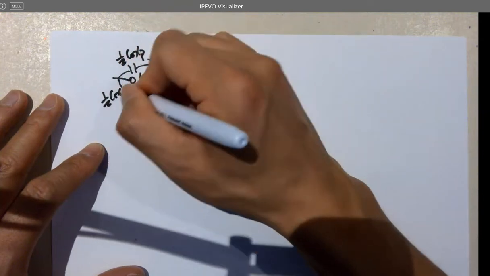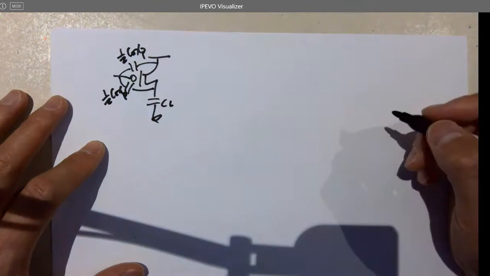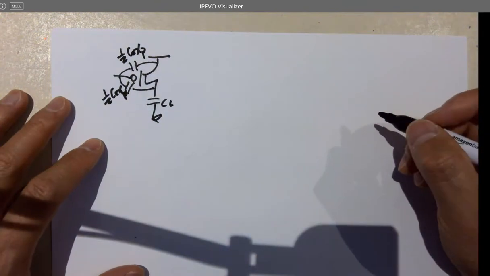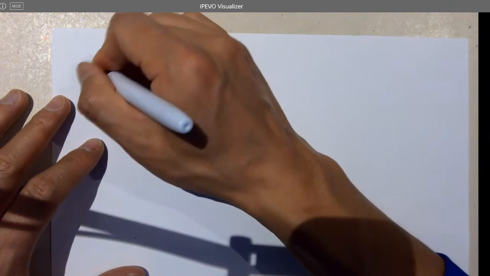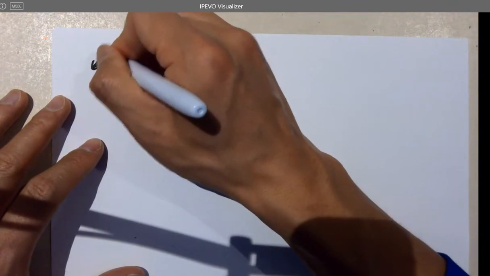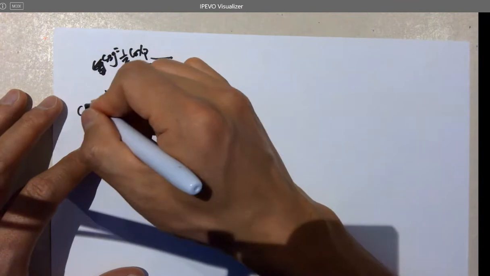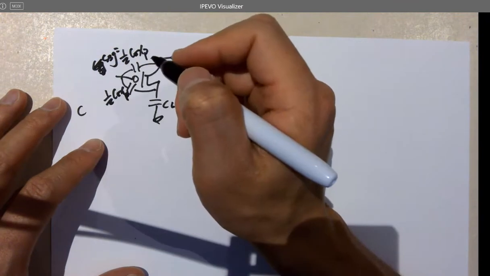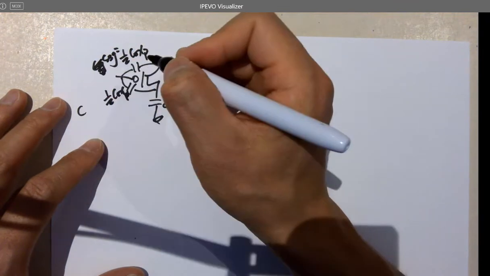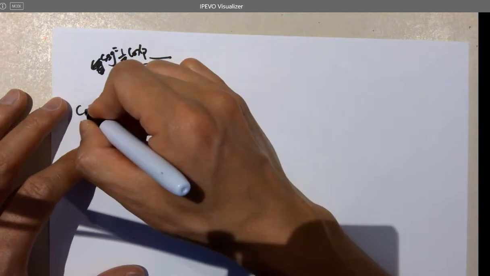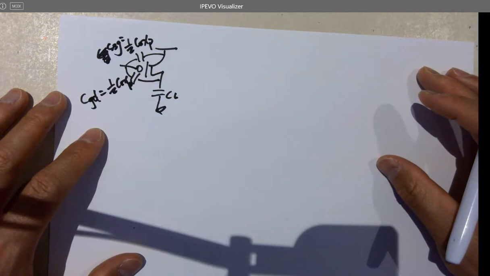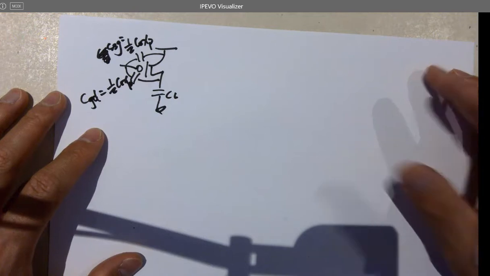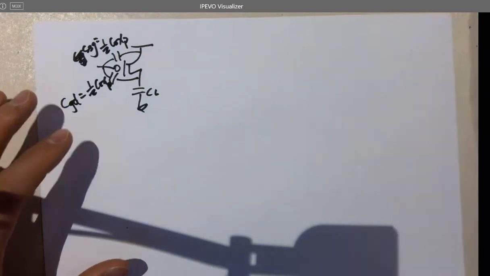So Cox P, which one has a, so this is CSG, right? CSG, CGD. Which one has a mirror effect?